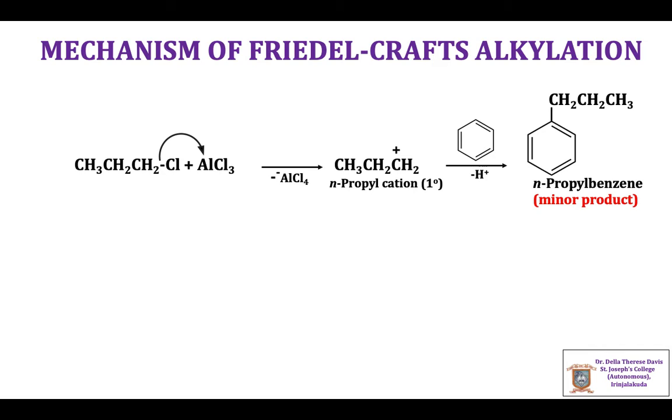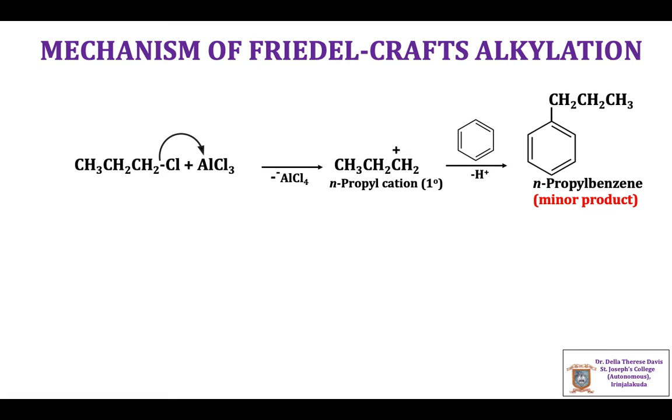If we take n-propyl chloride as the initial alkyl halide, we would expect that the product obtained after Friedel-Crafts alkylation is n-propyl benzene.